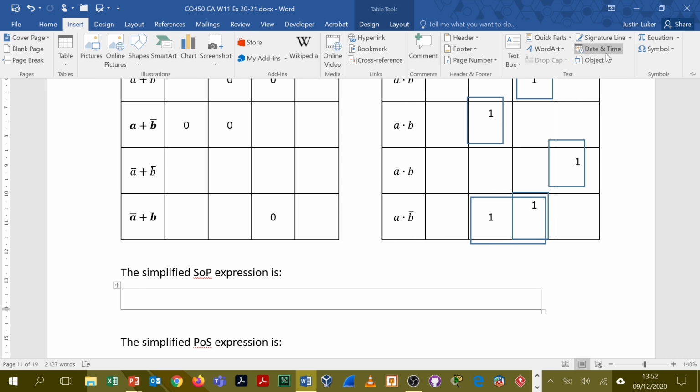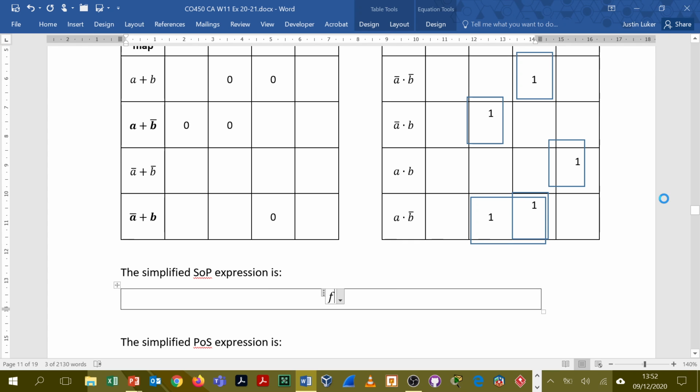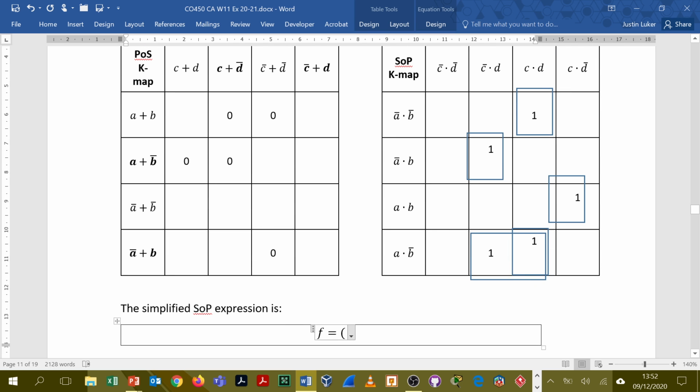So F equals, open our brackets. It doesn't matter which order we put them in, so I'm going to do this group here first. What doesn't change? For this group of 2, A and not B remain the same.